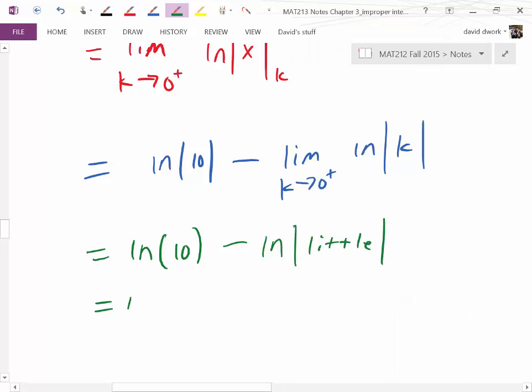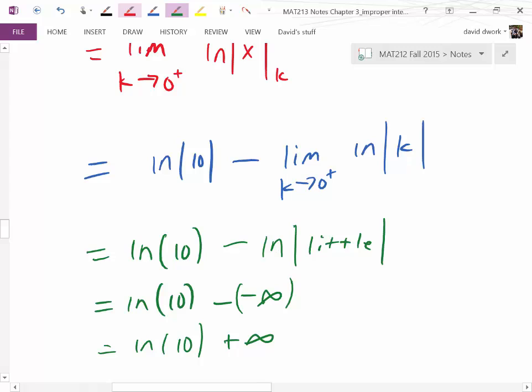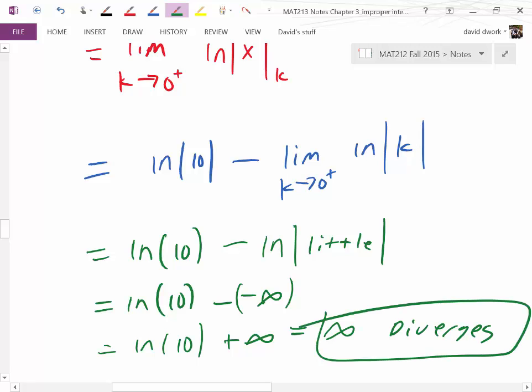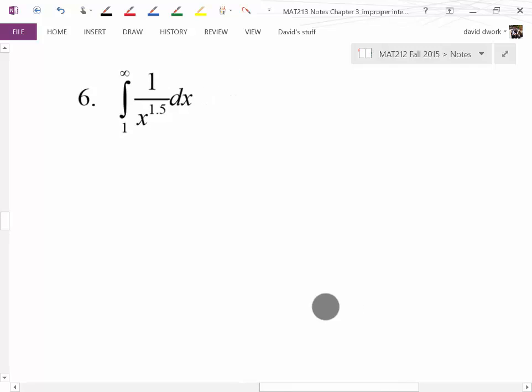So therefore, this is the natural log of 10 minus a negative infinity, which means we have the natural log of 10 plus infinity, which again really doesn't matter. All we really care about here is we're approaching infinity and the graph diverges.